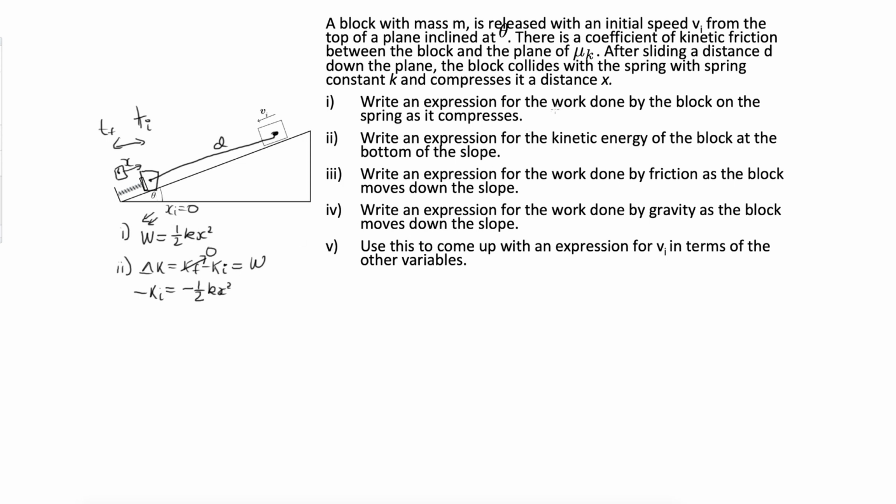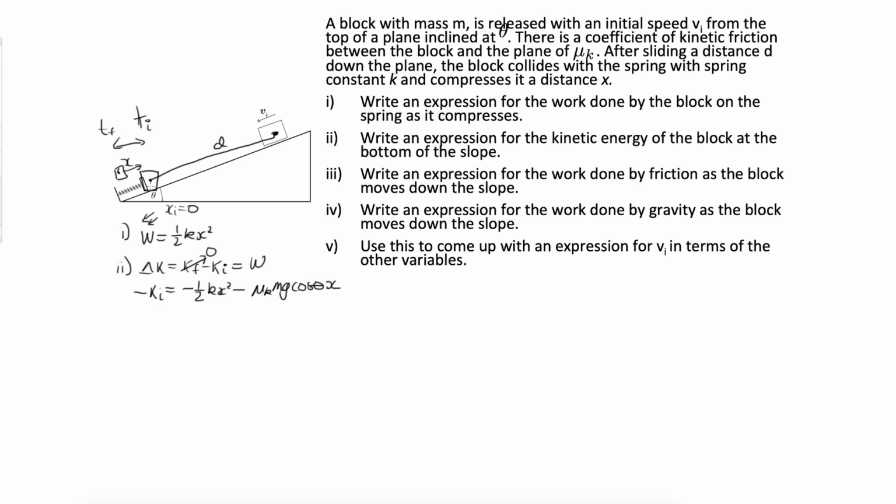So before, this was the work done on the spring. So they've got the opposite signs. And now we've still got the frictional force acting on the block, and the frictional force is pushing it up the slope while it moves down the slope. So that's going to be negative. So we've got mu k times mg cos theta. That is the normal force. So this total thing is the frictional force, and then we're talking about a work. So it's times the displacement, which is x.